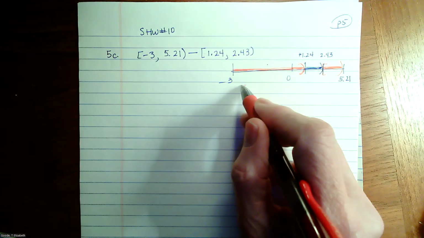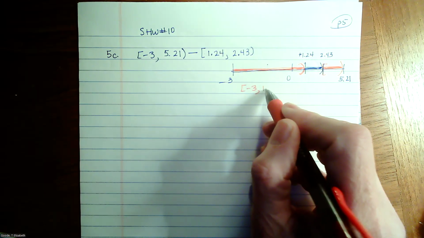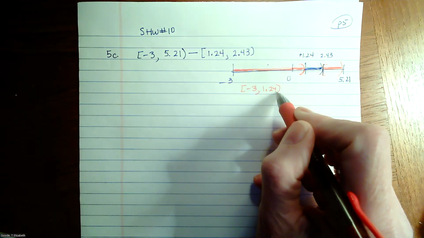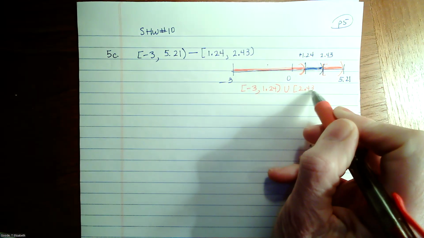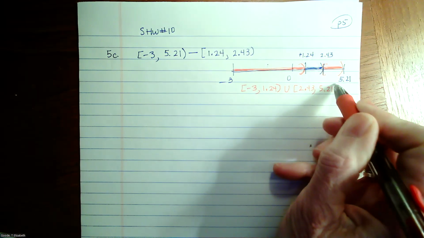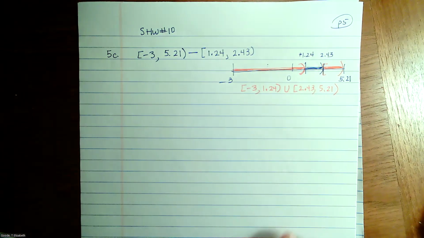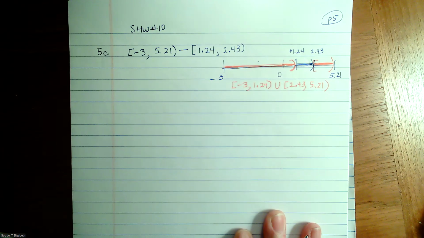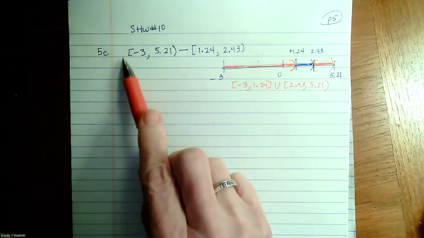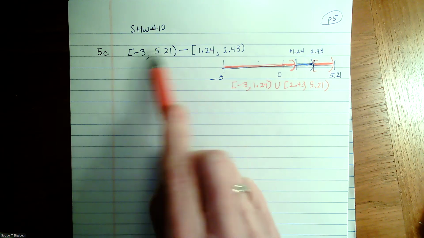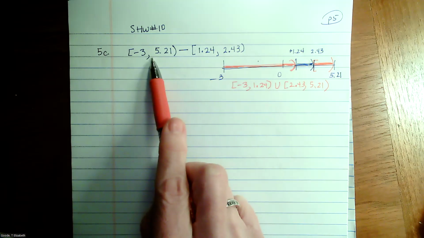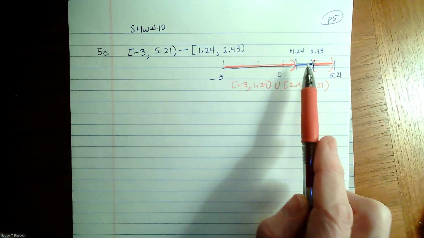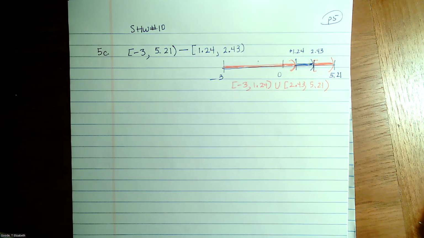So the answer was -3 to 1.24, union, square bracket 2.43 to 5.21. Does that make sense? Because it was the difference of this set. So our elements have to be in here. All of these are in there, but we've taken away these. We've taken away the blue ones. Does that make sense?